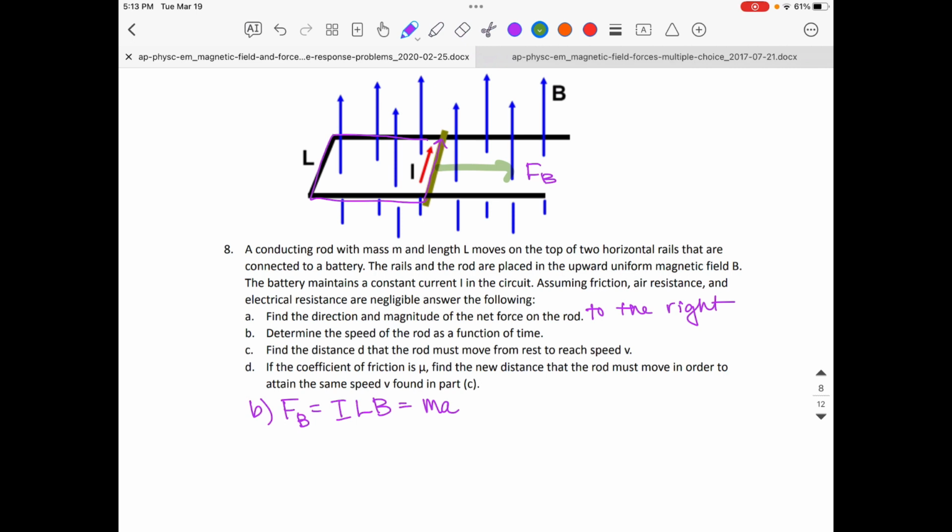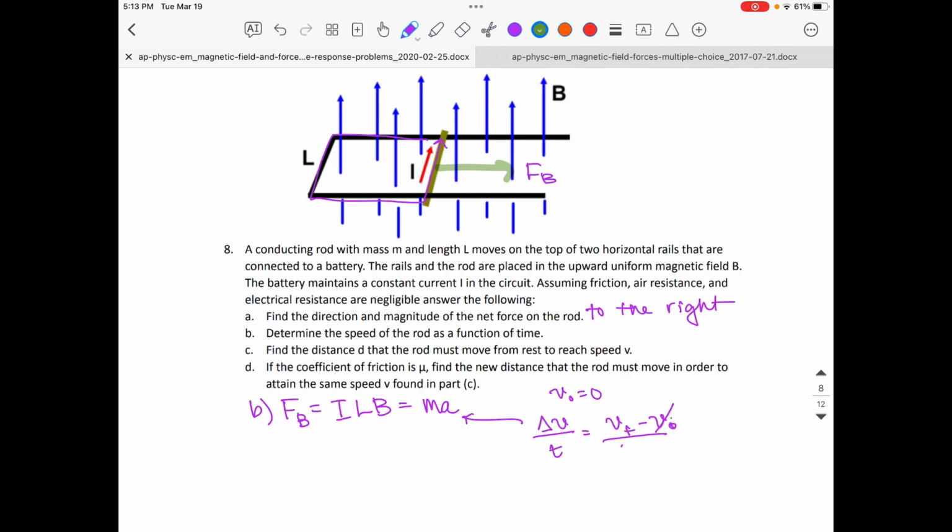Now, because we're trying to find the speed of the rod, we can make the assumption that the rod is starting from rest, and so acceleration is the change in velocity over time, which is V final minus V initial, but V initial is just going to be 0.